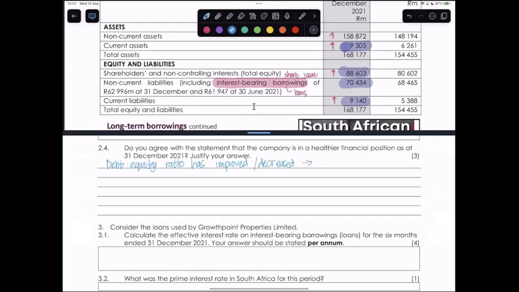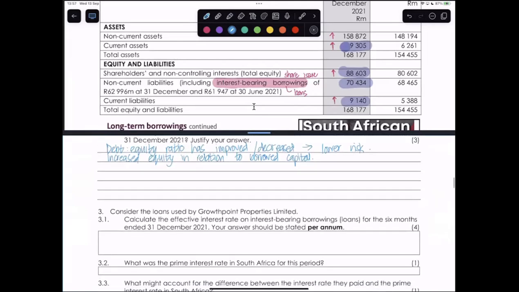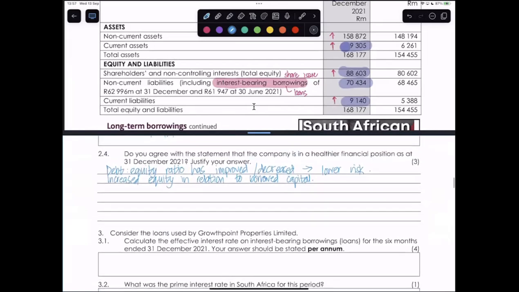So now there's lower risk. It means there's increased equity in relation to the borrowed. So it means that the value that is actually owned by the shareholders is stronger than what it was before.